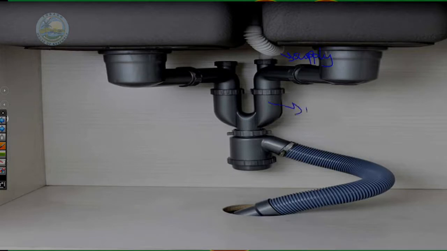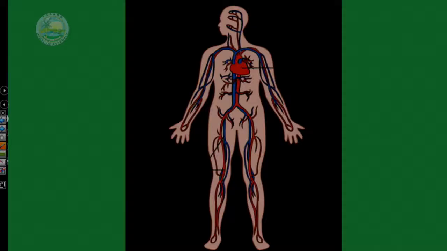And then you have your waste line, right? So that is going to carry the drainage water away from the sink. So let us assume that this sink is synonymous with an organ. So for each organ, you have vessels which are coming and going.